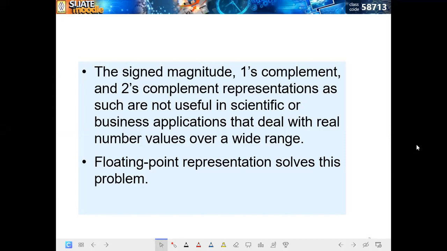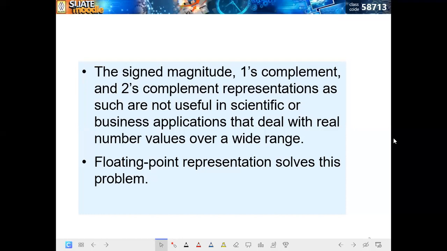Even with these three methods you can represent negative numbers as well, but there are some limitations. For example, if you use sign magnitude, you can represent numbers between minus 127 and plus 127, right?